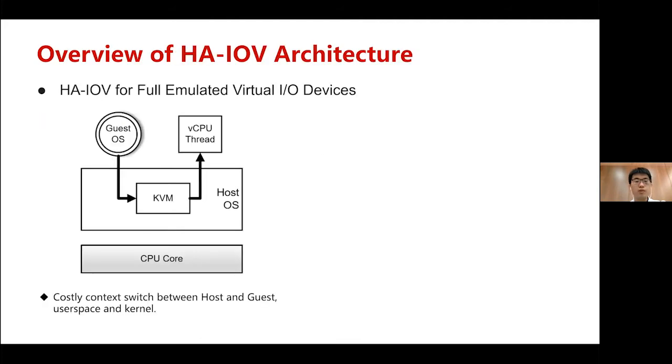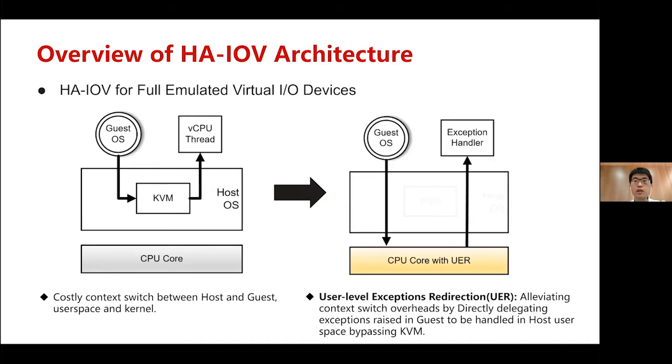As mentioned before, when guests access emulated I/O devices, costly context switch between guest and host reduces the performance. Thus, we propose HA-IOV to alleviate the context switch overheads. We do this by directly delegating exceptions from guest to host user space, bypassing KVM. More details will be described in the following slides.